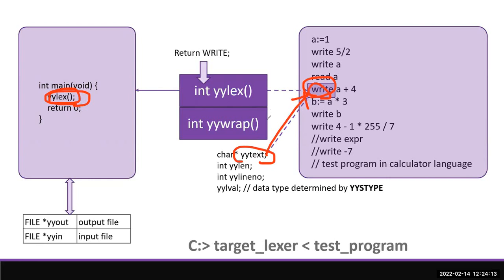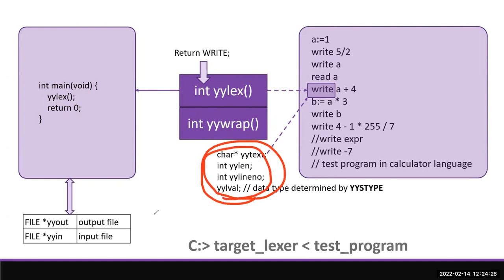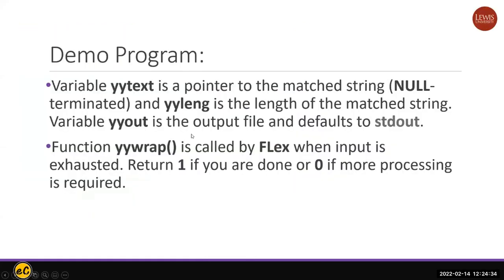And then that's the lexical analyzer. And YYWrap is another one that, when you finish the file, decides whether you continue or not. And then here you have more of the internal data structures that you can use, okay? But the main function is like this.